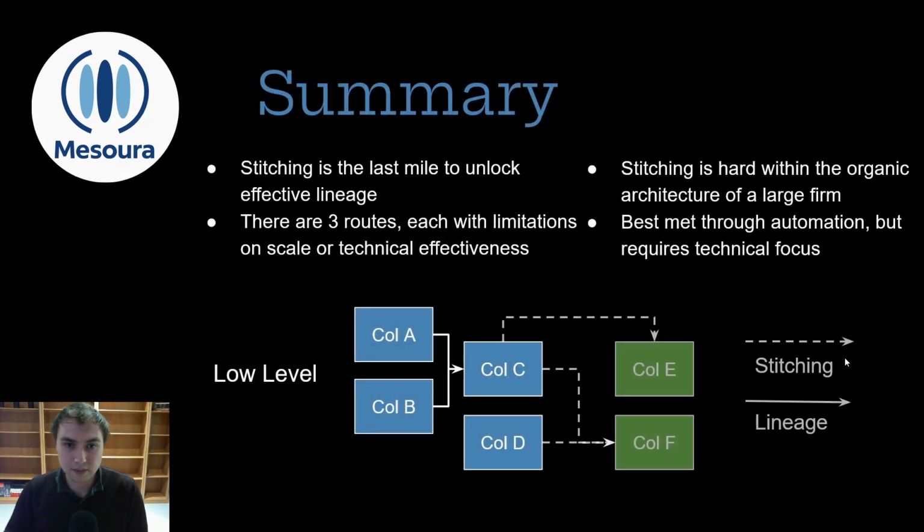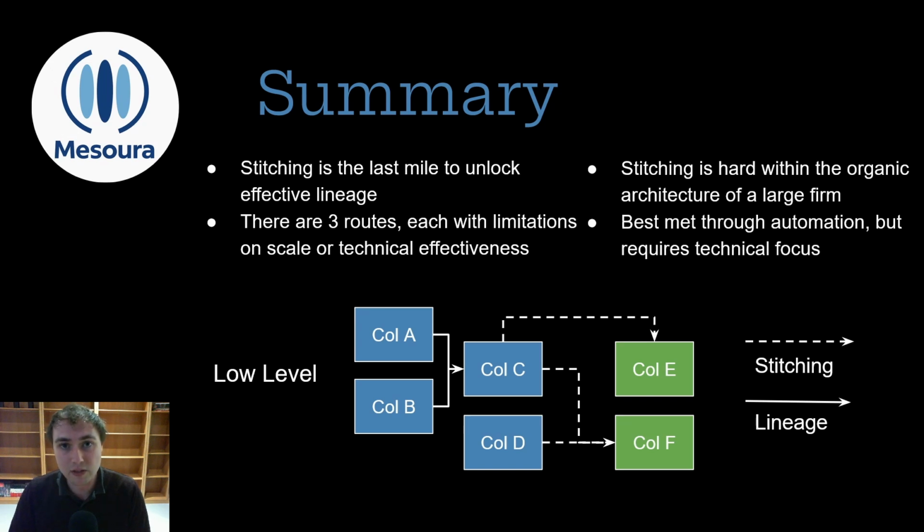So just in terms of summary then, stitching is a problem. It's the last mile to unlock Lineage, so all those benefits that we listed out of Lineage at the beginning, so operational efficiency, data quality remediation, that kind of stuff. It's hard within an organic architecture of a firm because a large firm has lots of different organizations, it changes over time, so it's very hard to get an accurate snapshot even for a moment.